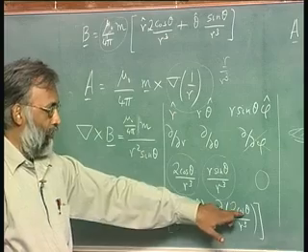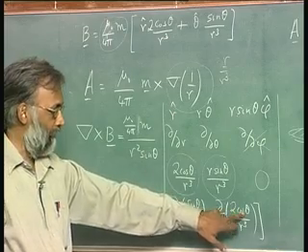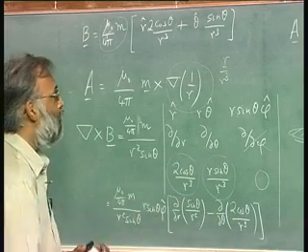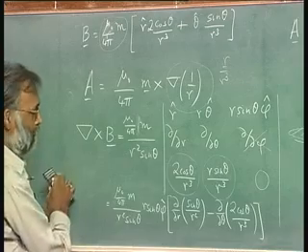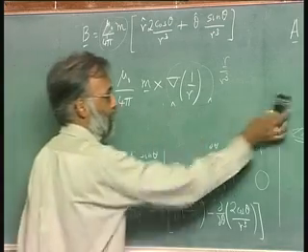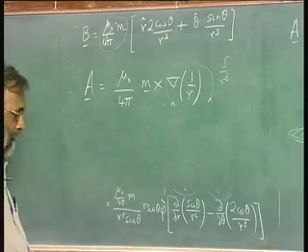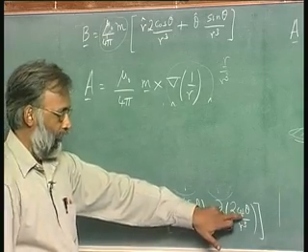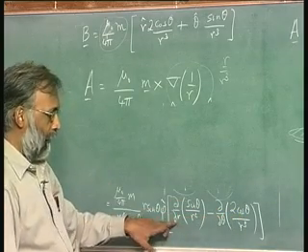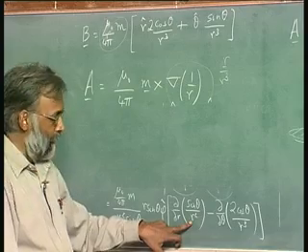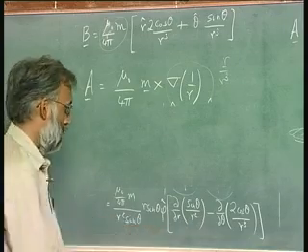Del del theta of cos theta is minus sin theta, del del r of 1 over r squared is minus 2 over r cubed.